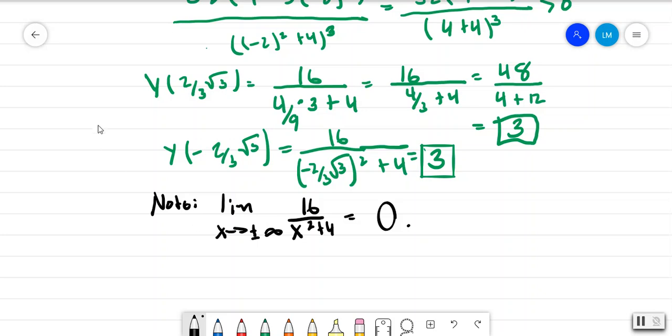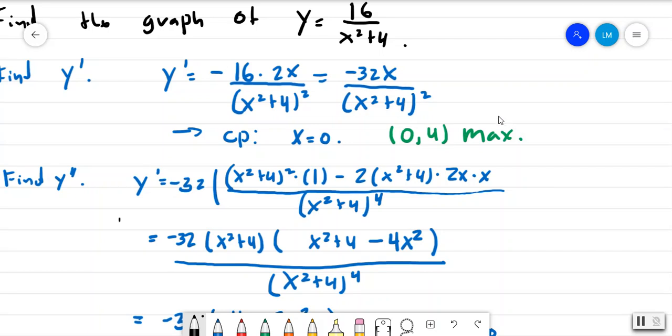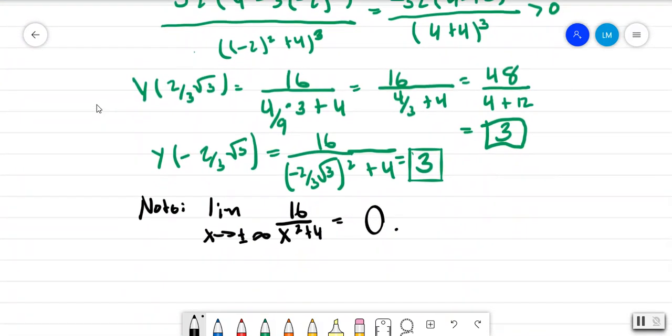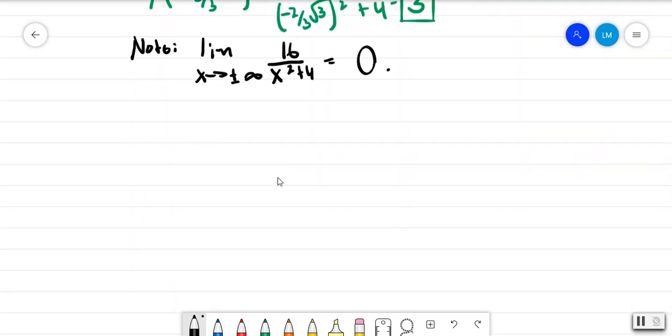So in actuality, this important point is an absolute max as well. So we know that's the absolute max, and the absolute min does not exist, nor is there a min. So, okay, that's one thing to know.